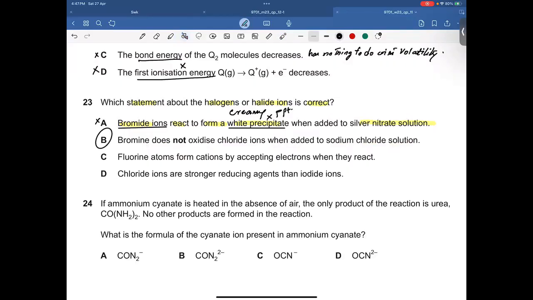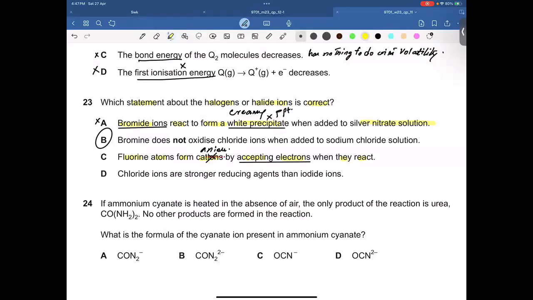Next option, fluorine atoms form cations by accepting electrons when they react. When they are accepting electrons, obviously they cannot form cations, they always form anions. That's very simple reasoning.